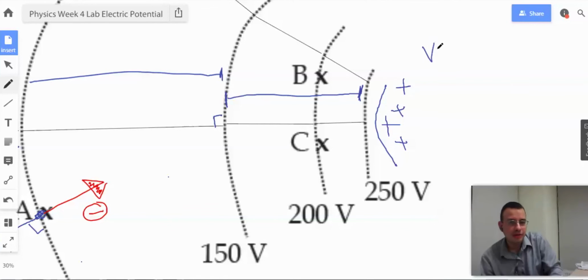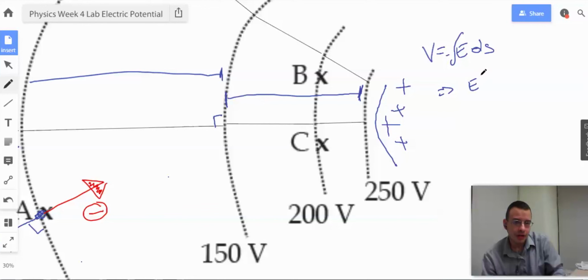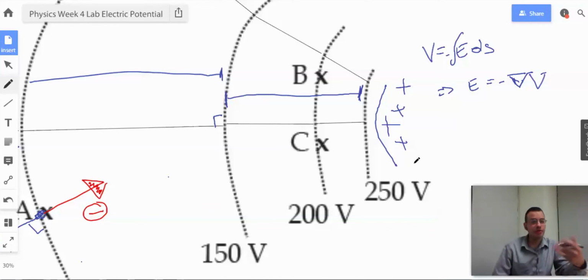We know that voltage equals negative integral of E ds. Therefore, E equals negative gradient of voltage, which is kind of like a derivative. So we're looking for the change in voltage over distance. These two are about the same size, more or less.